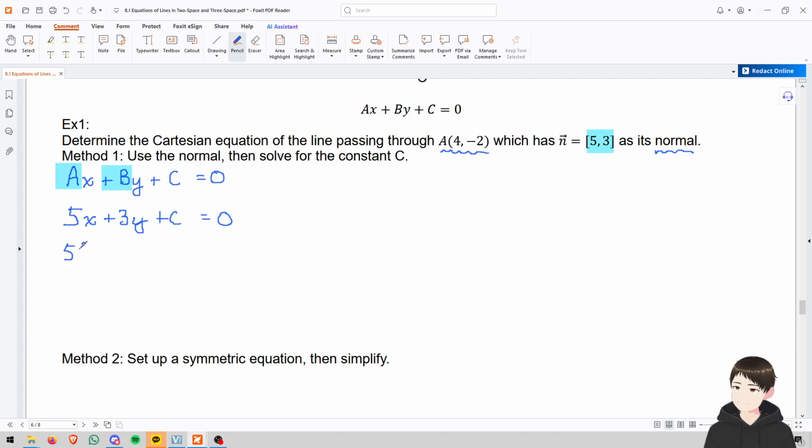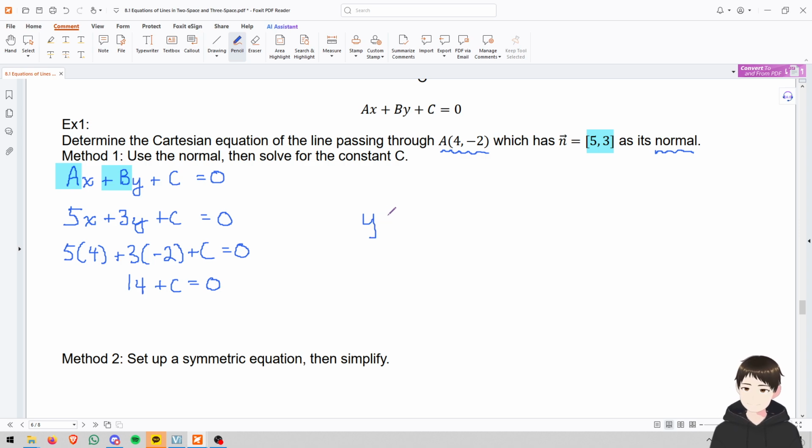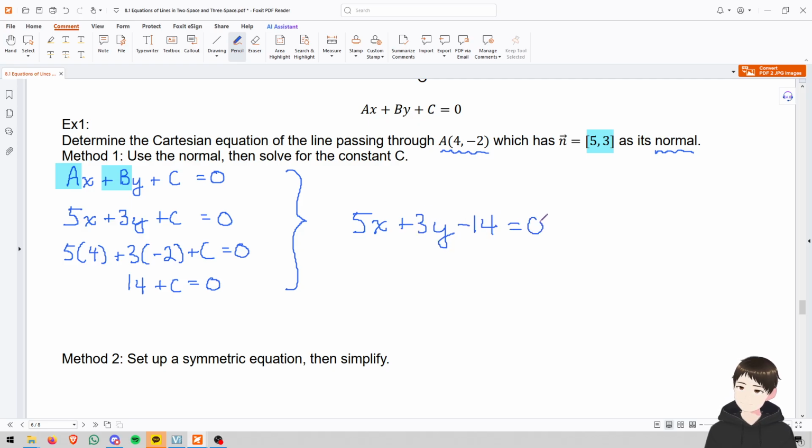So 5 times 4, 3 times negative 2, plus C equals 0. 20 minus 6, so my C equals negative 14. My final equation would be 5x plus 3y minus 14 equals 0.